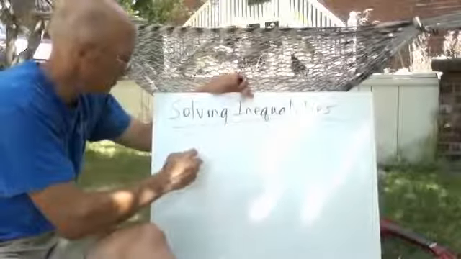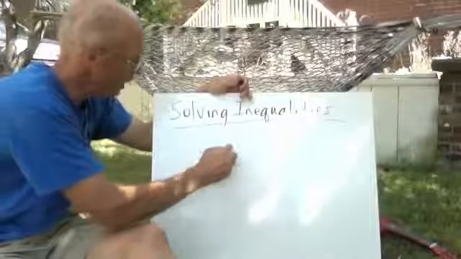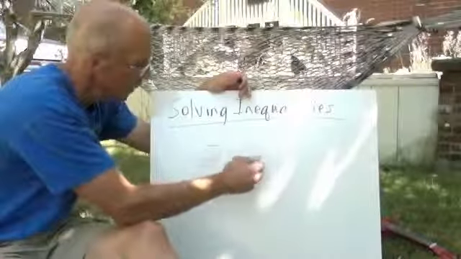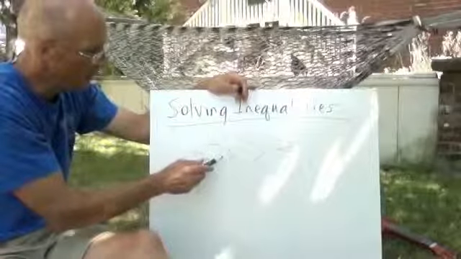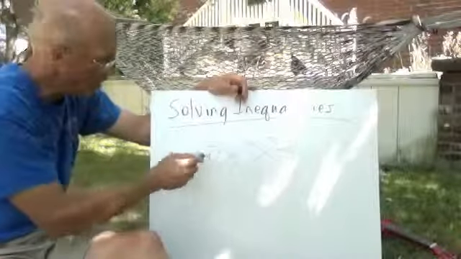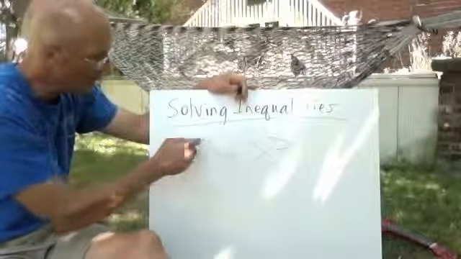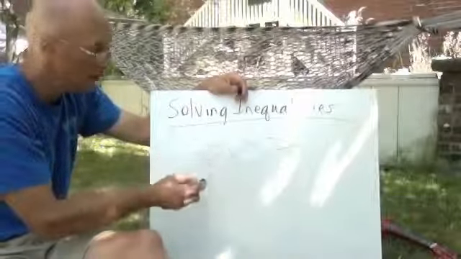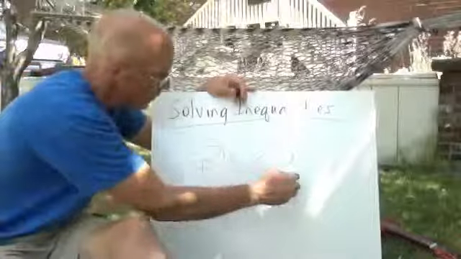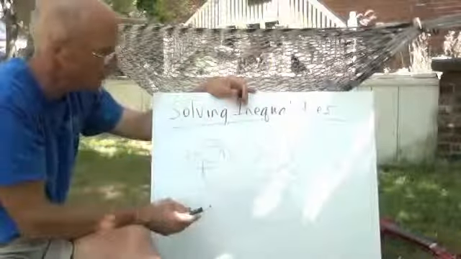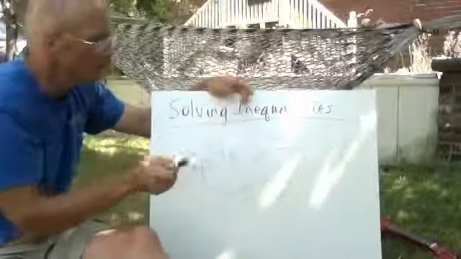Let me show you what I mean. If we had negative 2x is greater than 3, now instead of multiplying, we're going to divide. But do you see that we're dividing by a negative number? So when we bring that number over and we divide by negative 2, we have to do one additional thing.